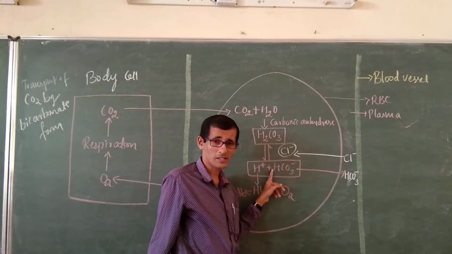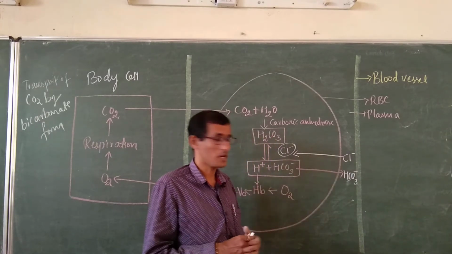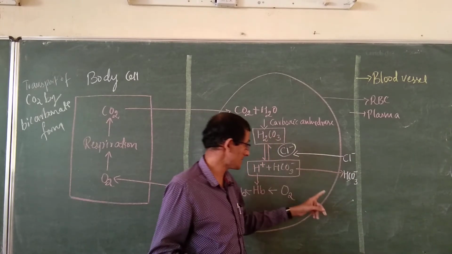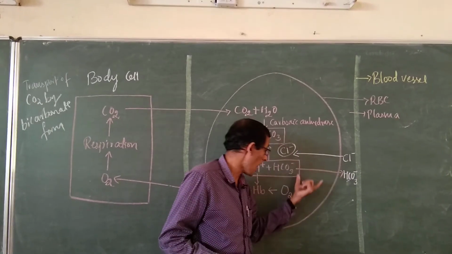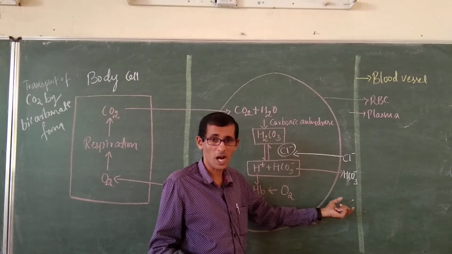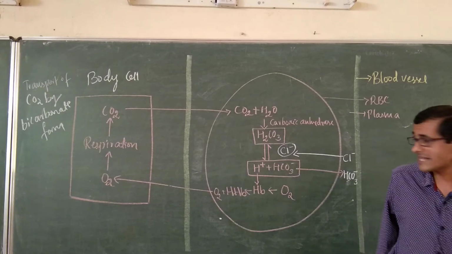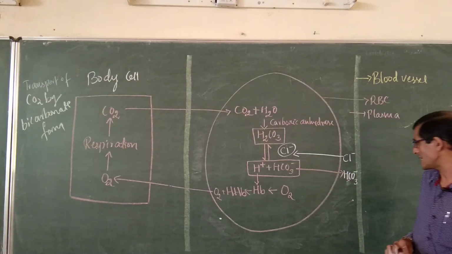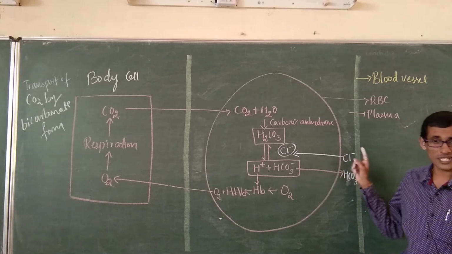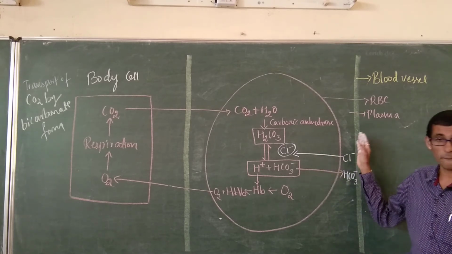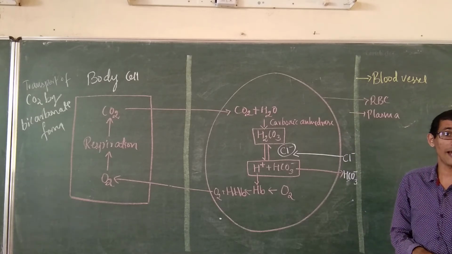HCO3- ion moves, transfers from the RBC to the plasma, and simultaneously, the same number of chloride ions move from the plasma into the RBC to maintain negative electrical balance.